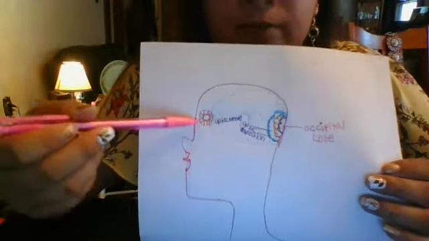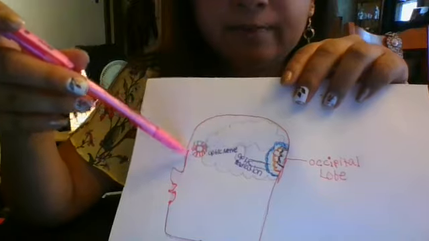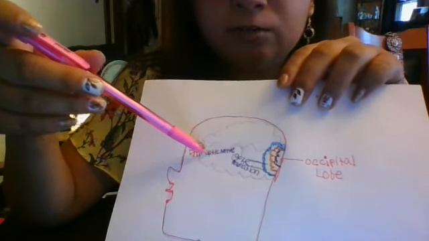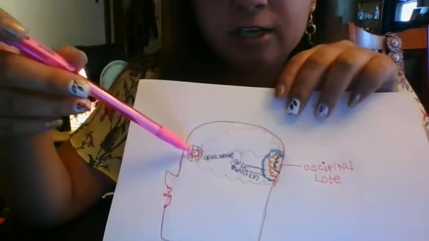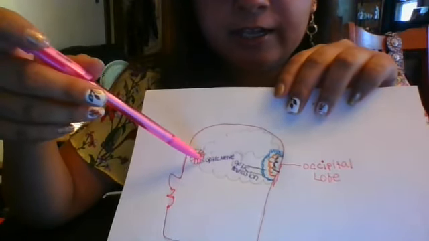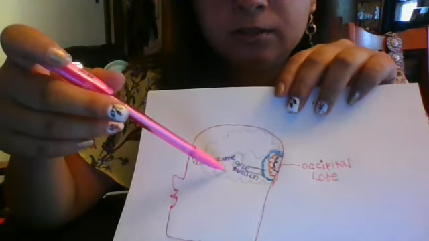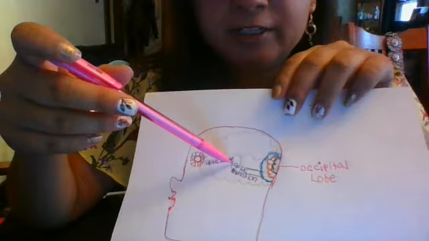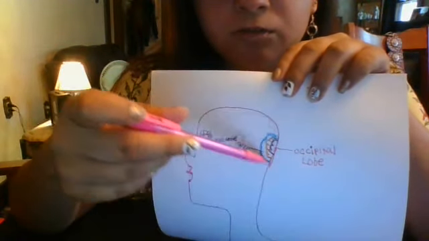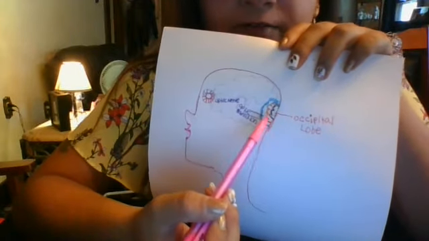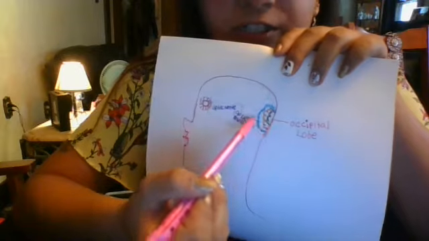Again, here's my eye. And then it looks like a wire, which is the optic nerve. So the optic nerve is connected to the eye, and then it travels through the temporal lobe onto the optic radiation that travels to the occipital lobe. So right here is the back of your brain, and that is your occipital lobe, which is your vision.